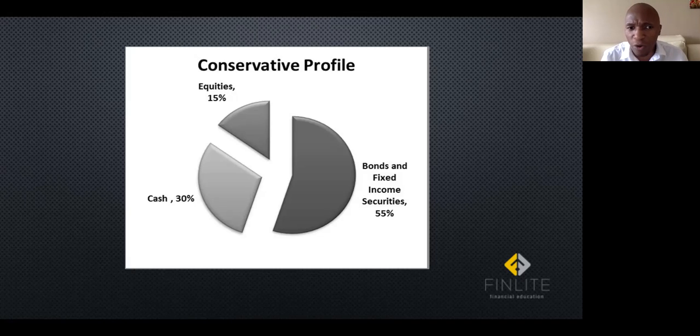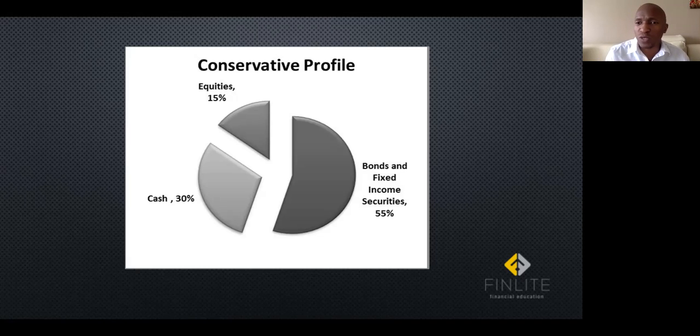We are looking here at about 15% equities, and cash is 30%, which is your money market, just money sitting in the bank account, just to be safe, for instance, for a rainy day. And the bonds and income securities, bonds are known for providing security and also providing some kind of income from the interest that comes from there. So they make up a major aspect of the profile for the person who is risk averse.